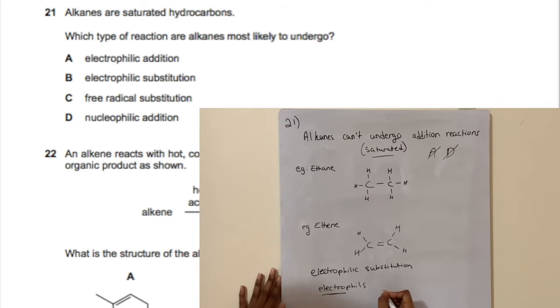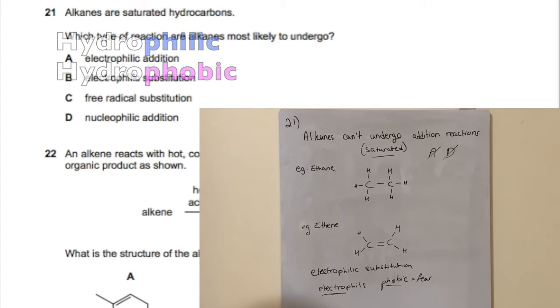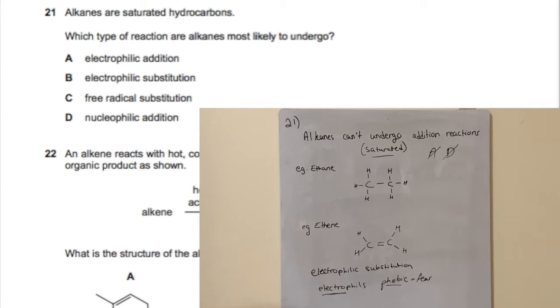You know that the opposite of phile is phobic, coming from the word phobia, which means fear. So you might think of, for example, hydrophilic or hydrophobic, and these words should be familiar to you, especially if you take biology. That's essentially what it is. So it's molecules that love electrons.